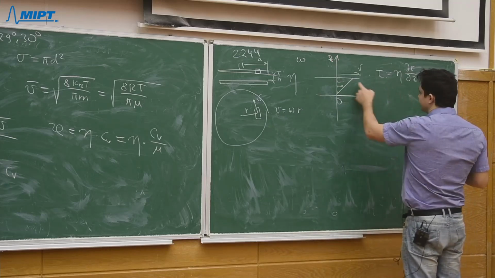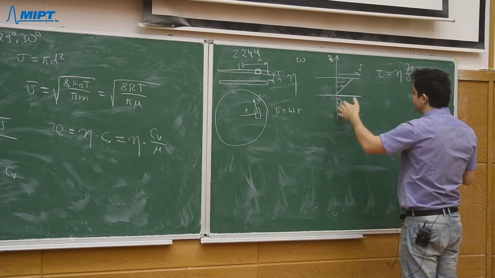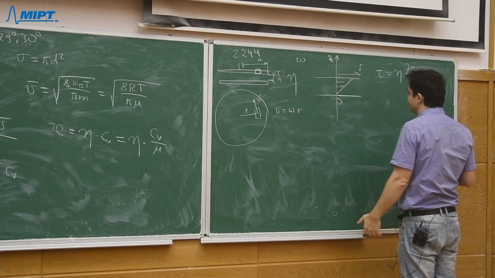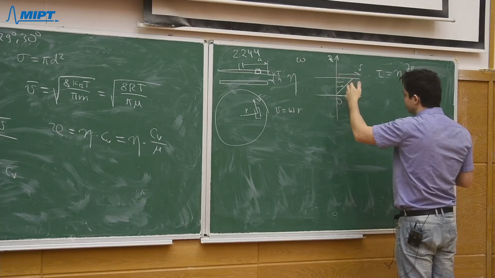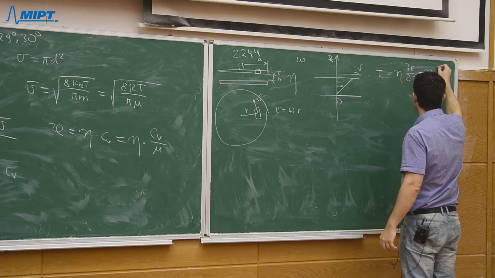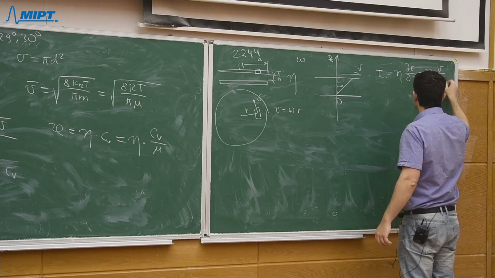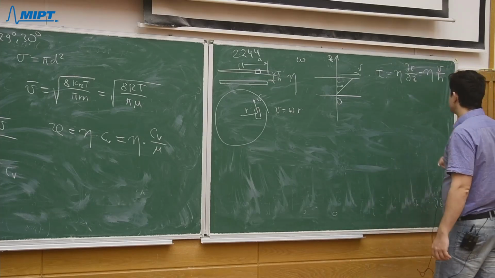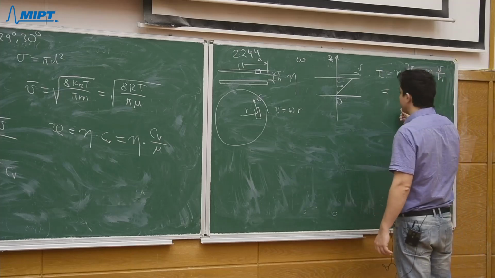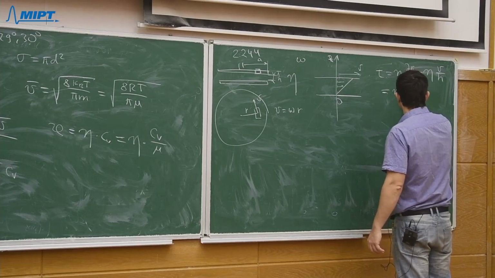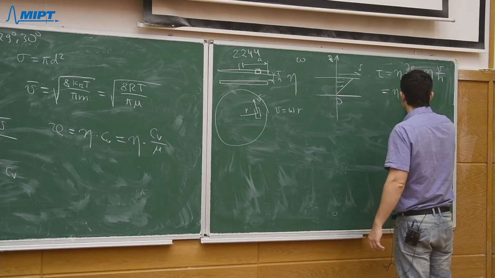Of course, in here the linear law of the velocity is established between these two disks. So I can calculate this as eta multiplied by v over h, where h is the separation distance between these disks. So at the end, I get eta omega r over h.